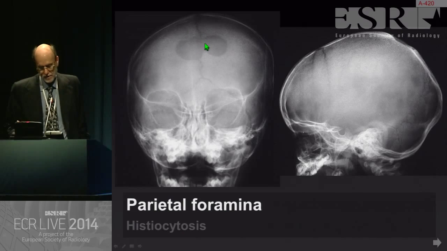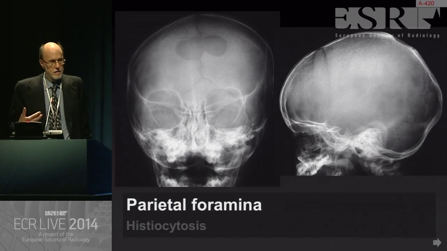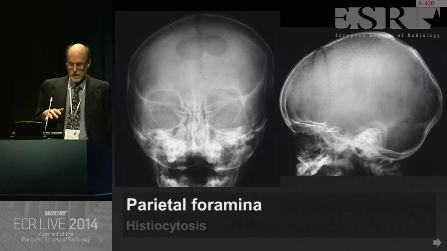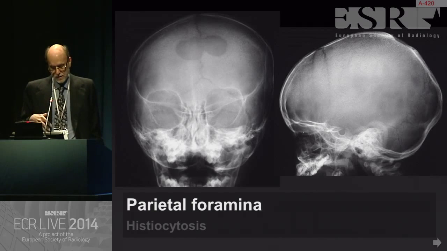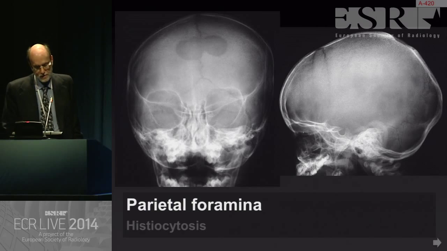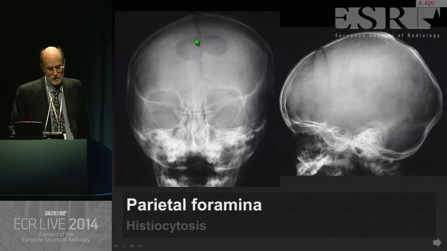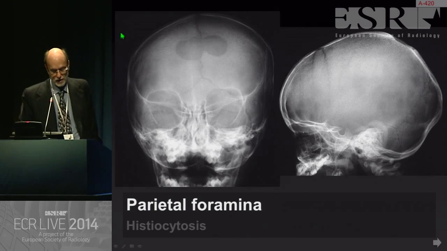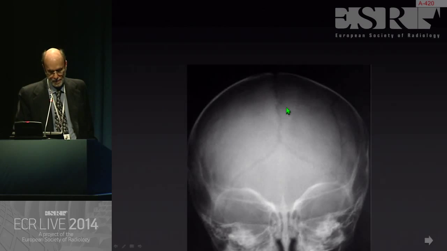But these are the so-called parietal foramina. They may be associated with some brain anomalies, but the percentage of these anomalies is very low. But regarding these areas, simply a normal, not that normal, but not consistent with any tumor or any histiocytosis.